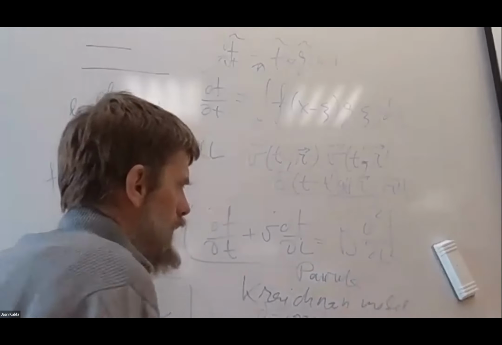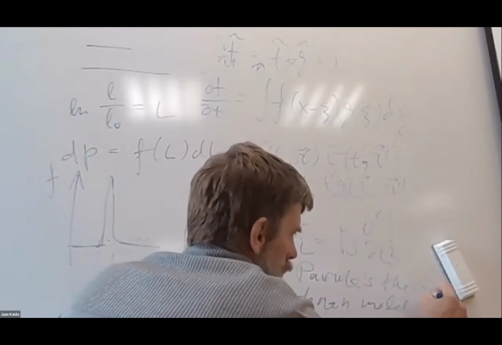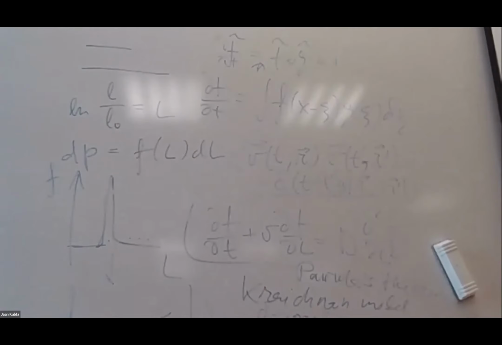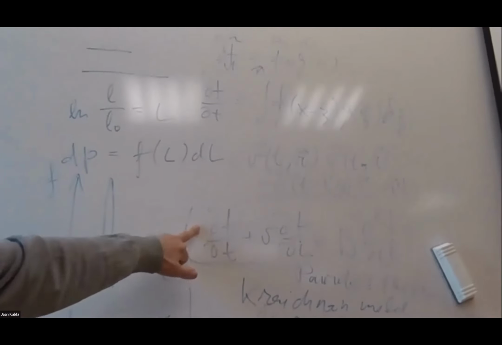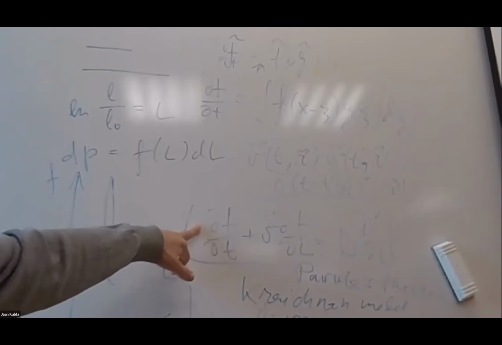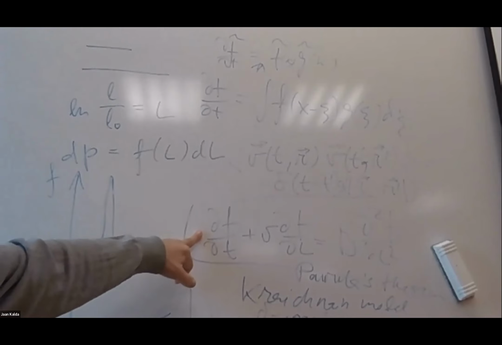And what it states is that what we have here is called the Fokker-Planck equation, the equation describing the evolution of the probability density function.